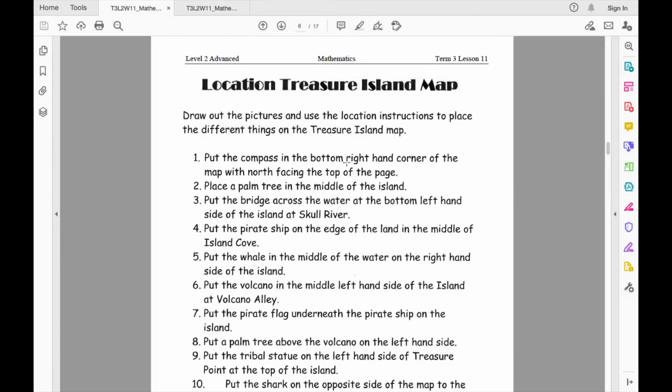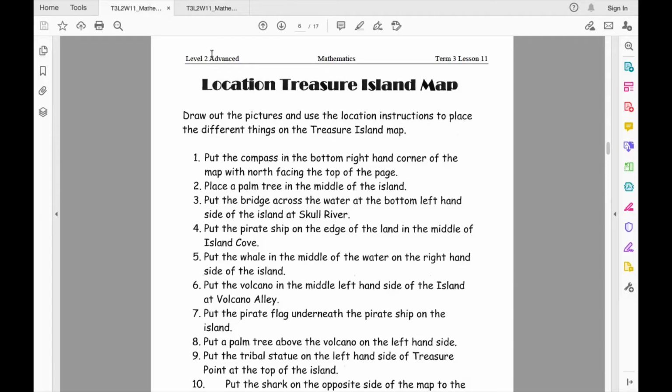Let's read them: draw out the pictures and use the location instructions to place the different things on the treasure island map. So we're going to draw some pictures on it by following the instructions here.